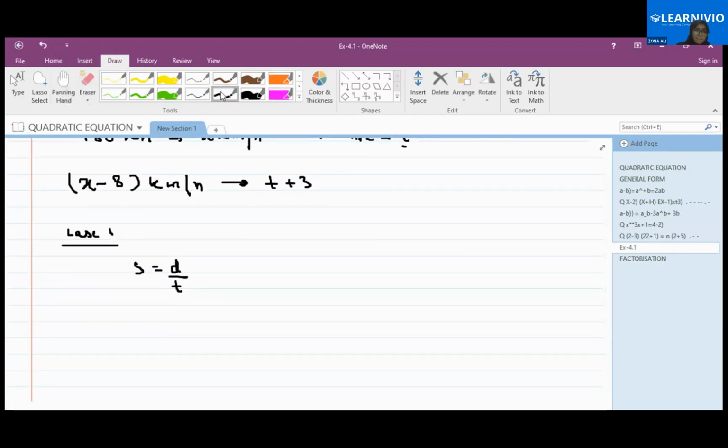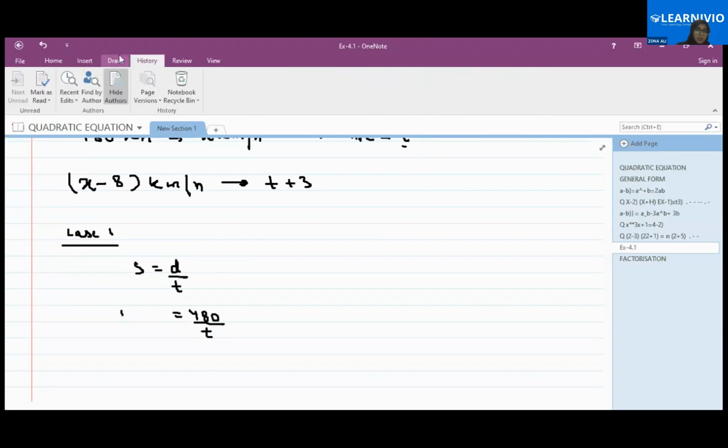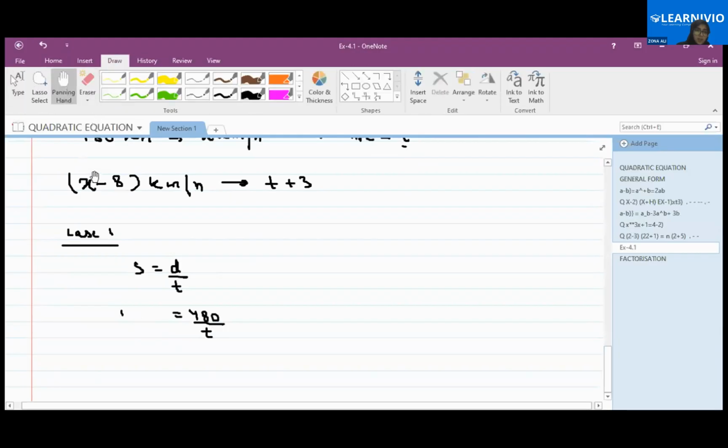And what is time here? t. And what is your speed here? For the first case, your speed was x, right? Yes, for the first case we have taken x.